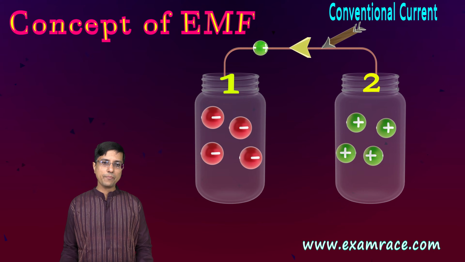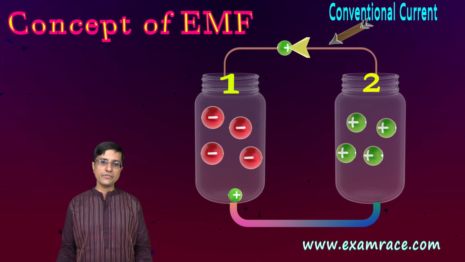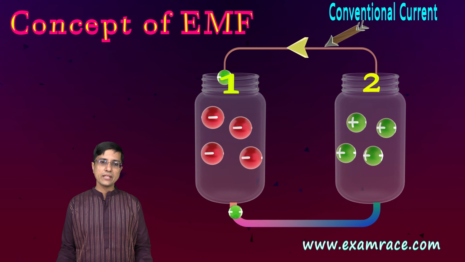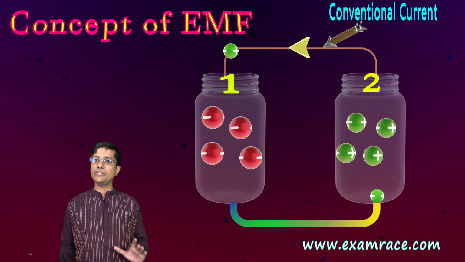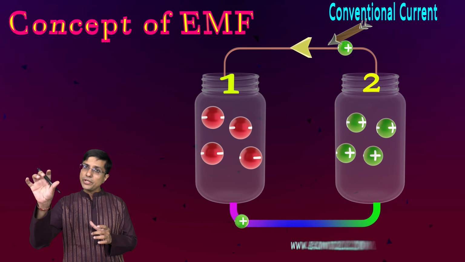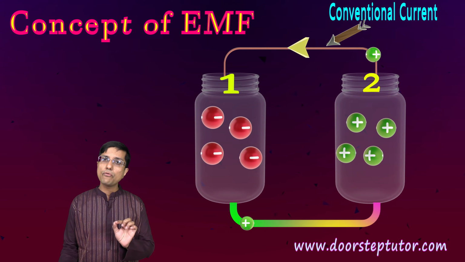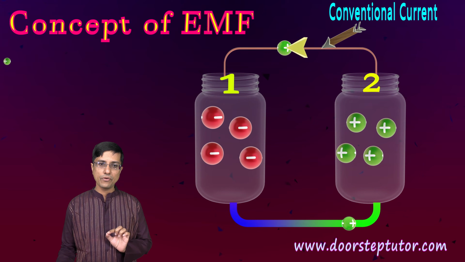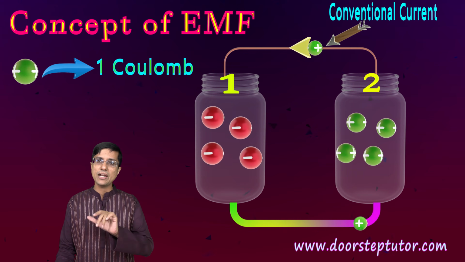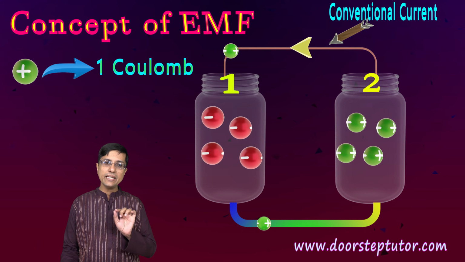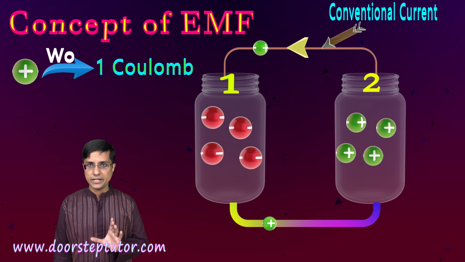And of course, we are prying away the positive charges from the negative jar and taking them to the positive jar. When we do this prying away, we are using some energy to move a charge of 1 coulomb from the negative jar and put it in the positive jar. We are doing some work.